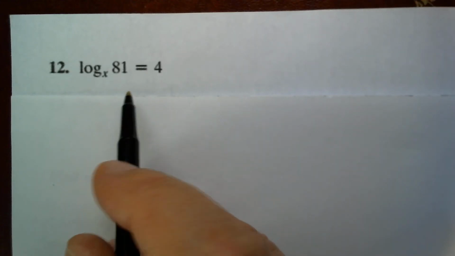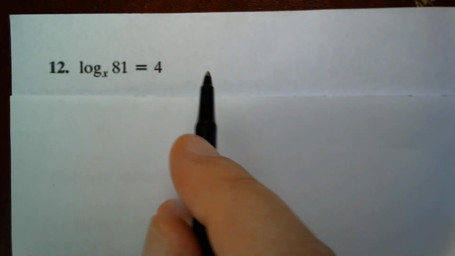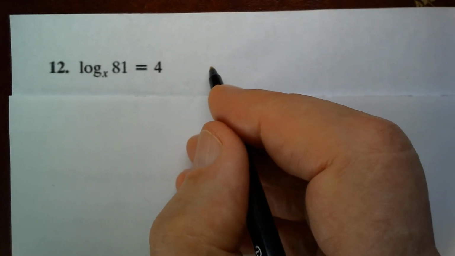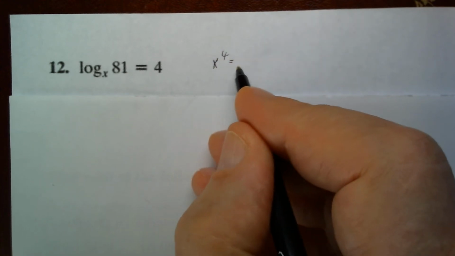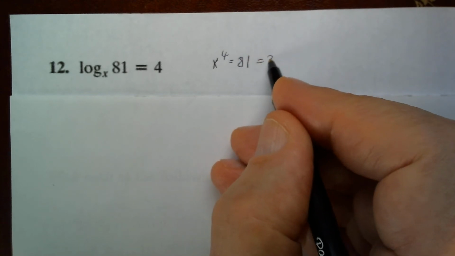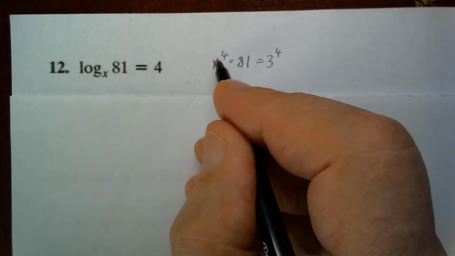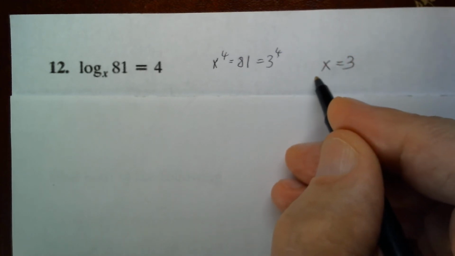Number 12, we have the log base x of 81 equals 4. What that means is that x to the 4th equals 81. And since 81 is equal to 3 to the 4th, since the exponents are the same, that means that x equals 3.